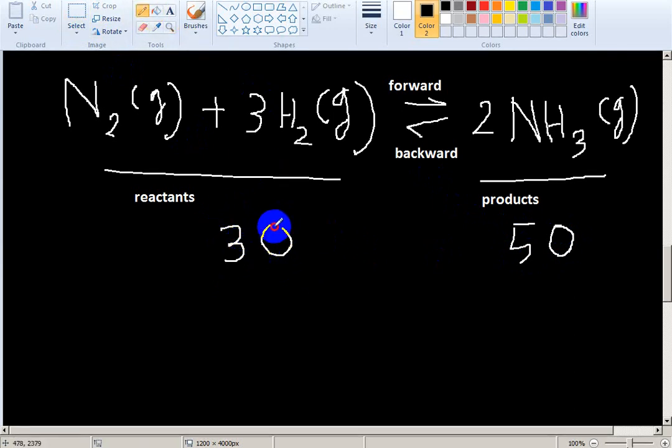What will be the direction of the reaction, left to right or right to left? Right to left. This is 50 and this is 30. The reaction goes toward the lower side, the lower concentration. High concentration to low concentration is left to right.